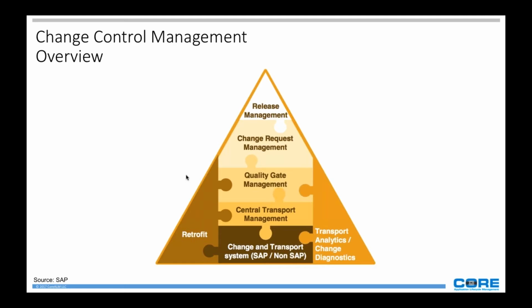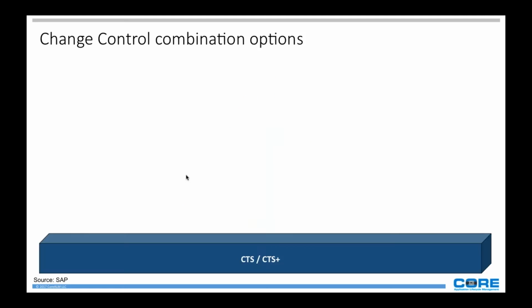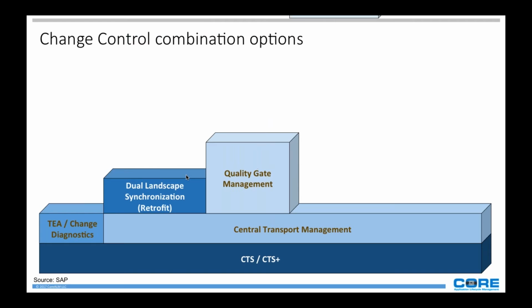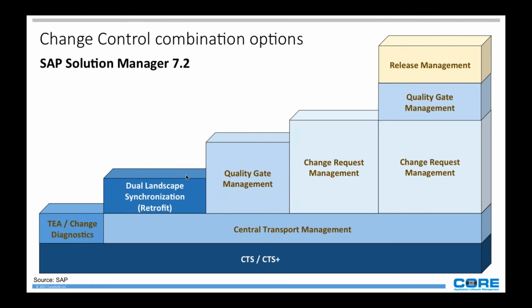Depending on requirements or maturity level, some customers will use everything, some customers use just a couple of puzzle pieces. There are so many different features and tools in the change control management area of Solution Manager that you can use to successfully manage your deployments, and we're going to go over some of them so you understand the differences.